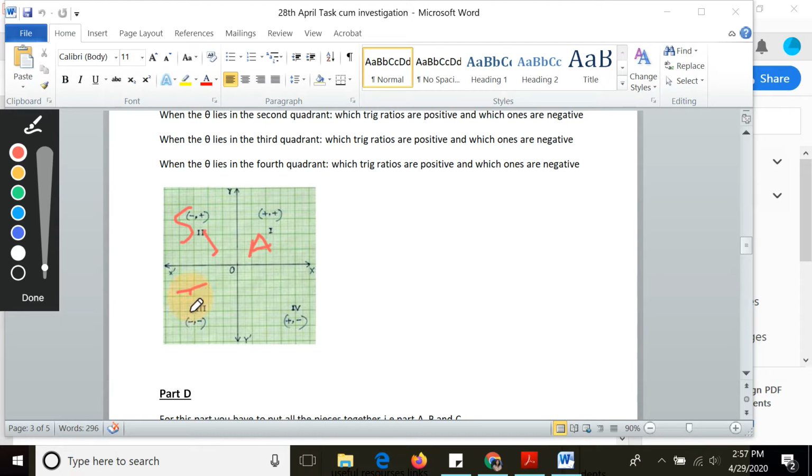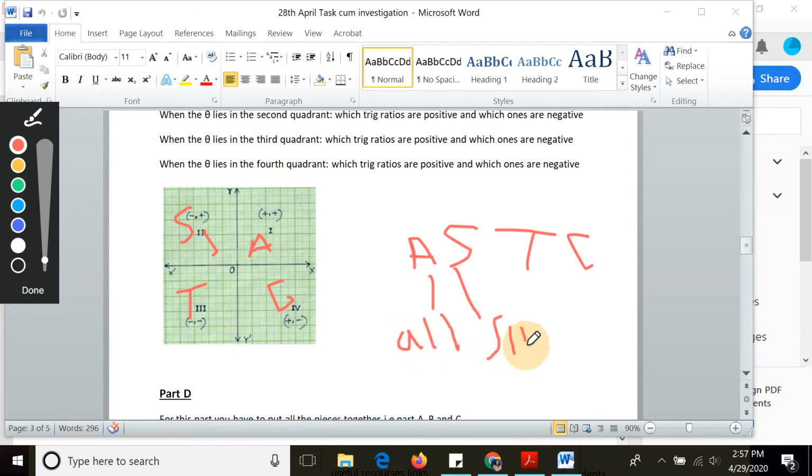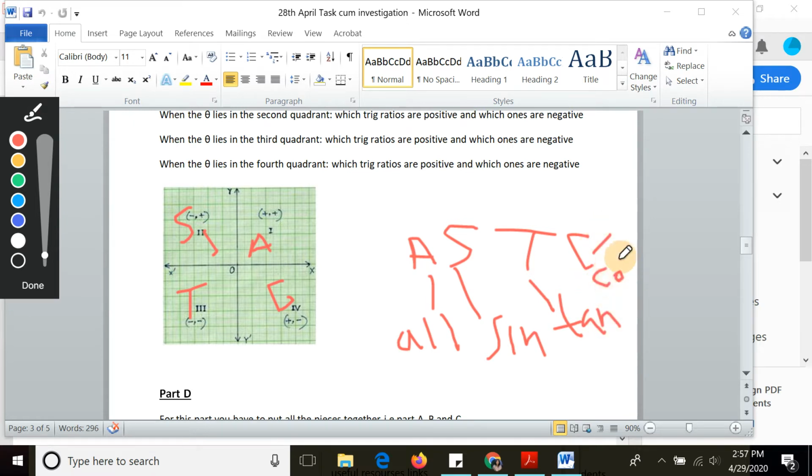Here you have T, which means tan was positive, and here cos was positive, so this is C. So you should always remember it by A, S, T, and C. A stands for all, S stands for sine theta, T stands for tan theta, and C stands for cos theta. So they are positive here. The way I remember is: all add sugar to coffee.